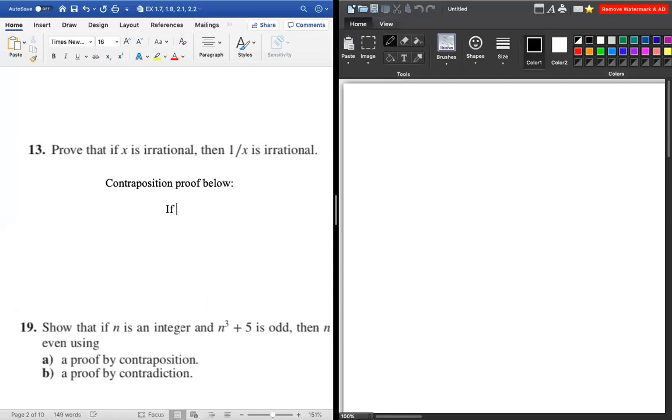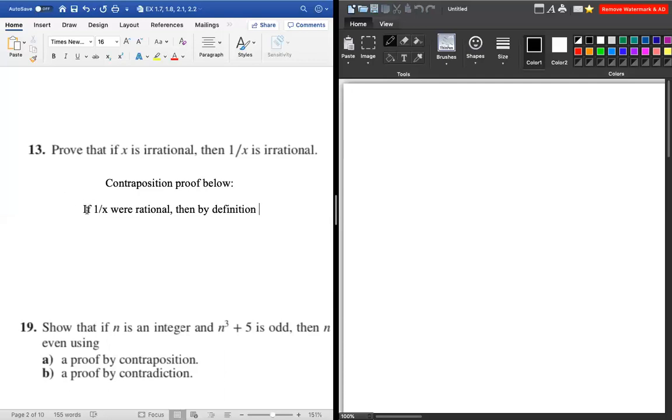So if 1 over x were rational, then by definition, because if some number is a rational number, we can write it as p over q, right?